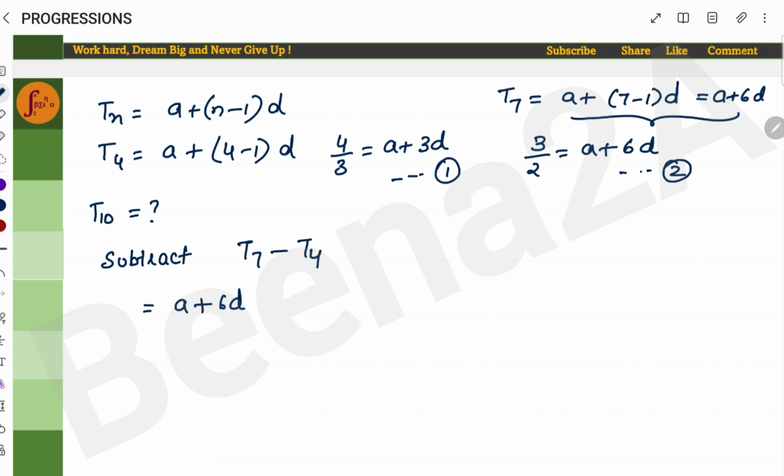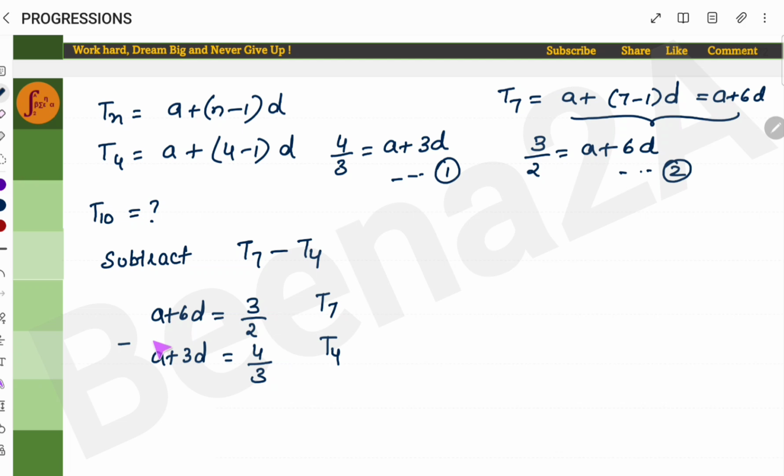We'll subtract both of these. I'll just reverse it and write a plus 6d is equal to 3 by 2. This is the seventh term. And the fourth term is a plus 3d is equal to 4 by 3.